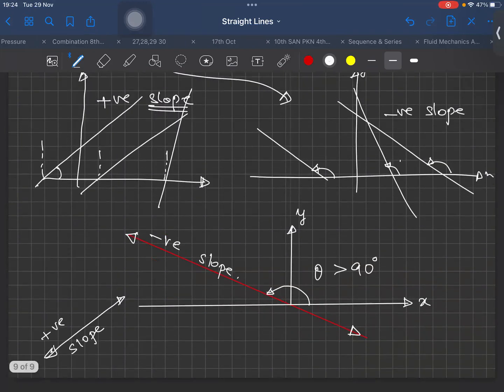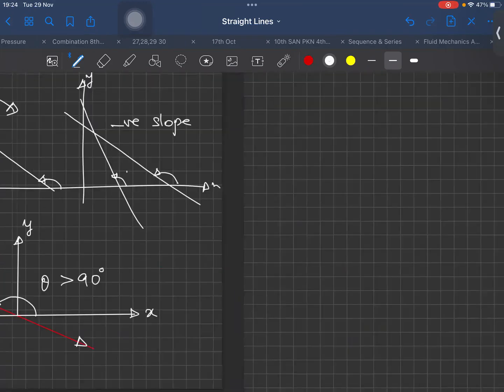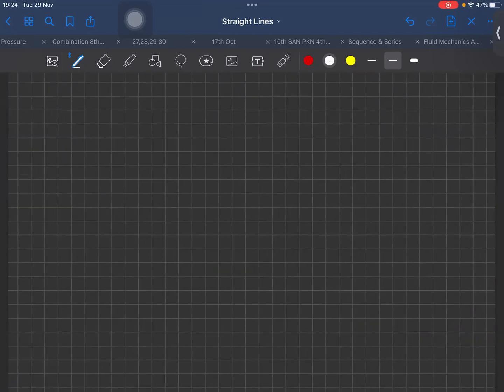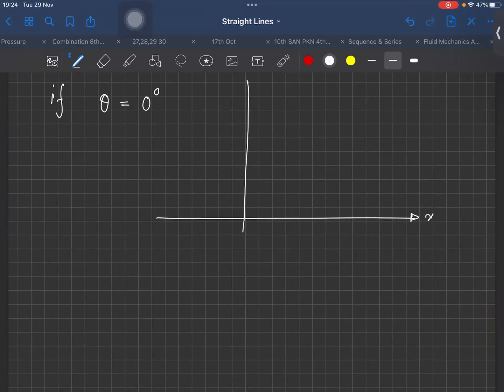Hopefully this point is clear to you all. So what about if theta is equal to 0 degrees? If theta is equal to 0 degrees, what do you mean by that? You have a line such that theta is equal to 0. So when is theta 0?